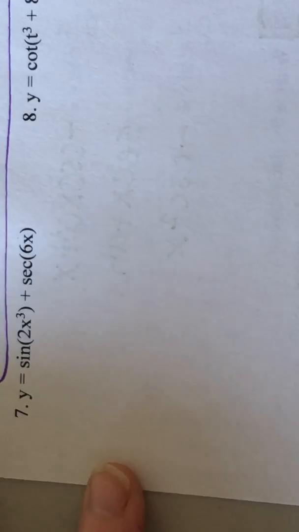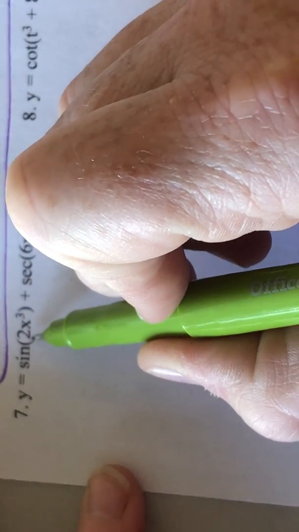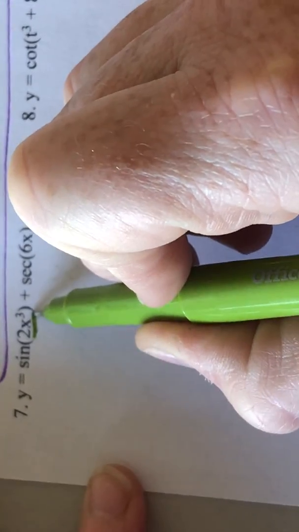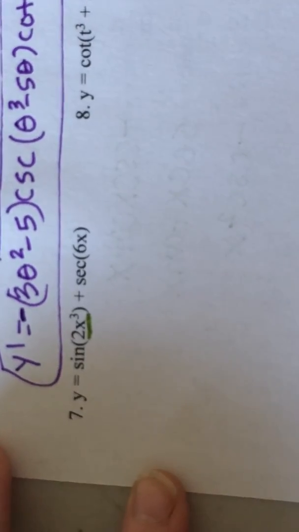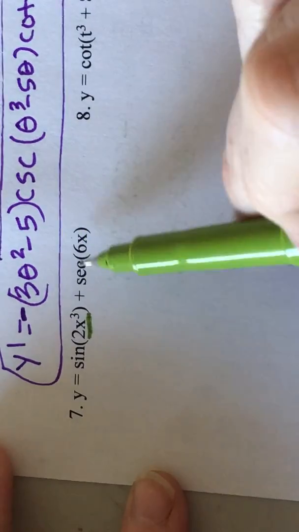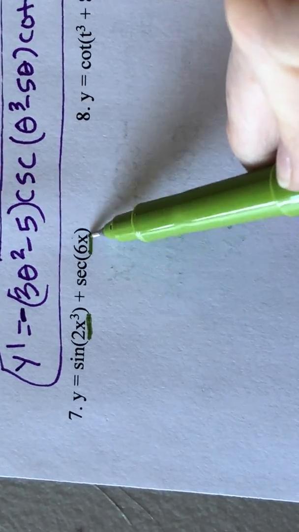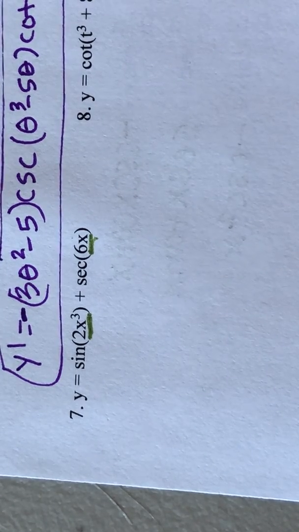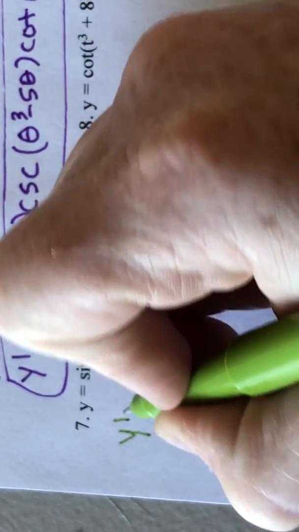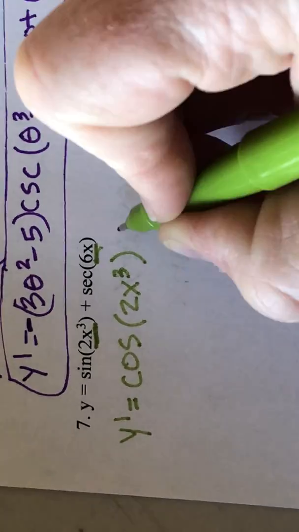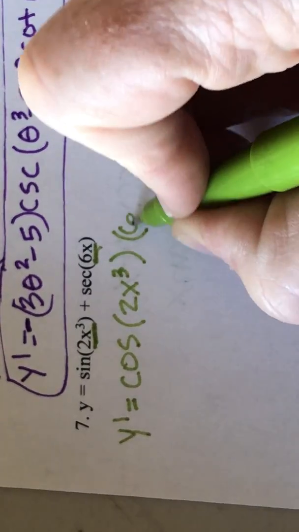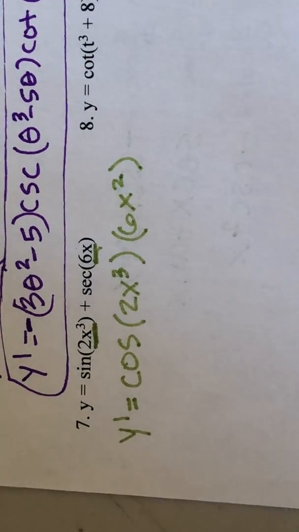Okay, so 7 is just whatever the derivative of sine is, keeping this the same, times the chain rule. Okay, plus, same exact idea here. Secant, whatever that rule is, keeping 6x the same, and then times the chain rule again, okay? So y prime. The derivative of sine is cosine, so this will be cosine 2x to the third times the chain rule right away, which is 6x squared, okay?